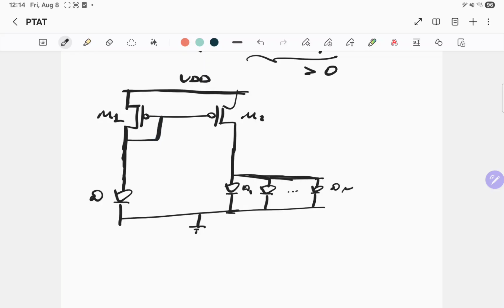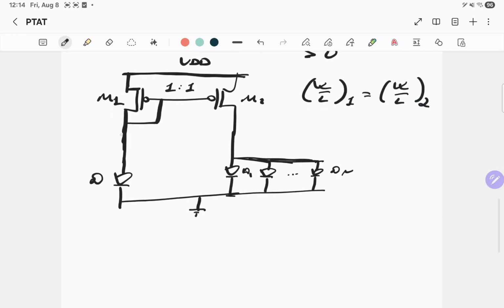Now if we forget about the channel length modulation, because of the channel length modulation we will have slightly different currents on the left and on the right. But if we forget about it, then the currents due to these current mirrors on the left, so this is a current mirror of 1 to 1, which means that the W over L of the M1 is equal to the W over L for the second one.